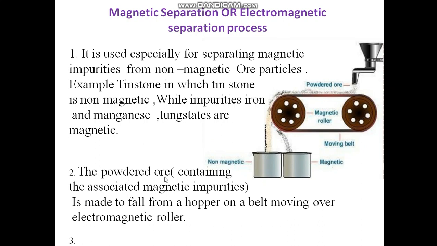The powdered ore containing the associated magnetic impurities is made to fall from a hopper onto a belt moving over an electromagnetic roller. So this is the electromagnetic roller, and this is the hopper from where the powdered ore is passed on a conveyor belt.